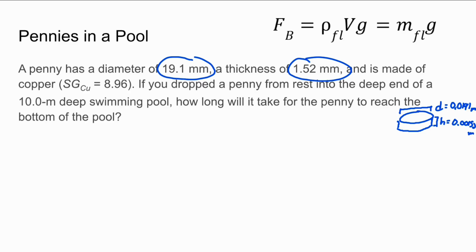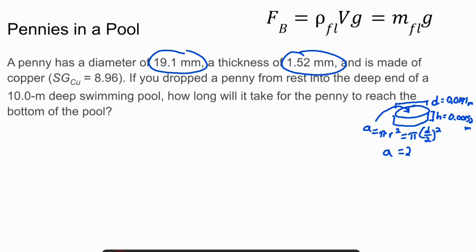So we can find some more dimensions for the penny. Let's first think about the area of its face. The area of its face is going to be that of a circle, right? Which is pi r squared, or pi times half its diameter squared. And so that area is 2.865 times 10 to the negative fourth meters squared.